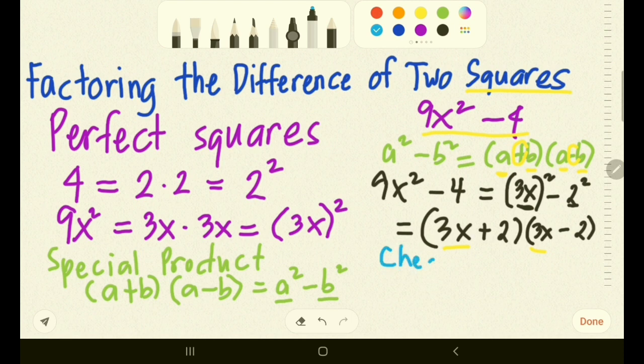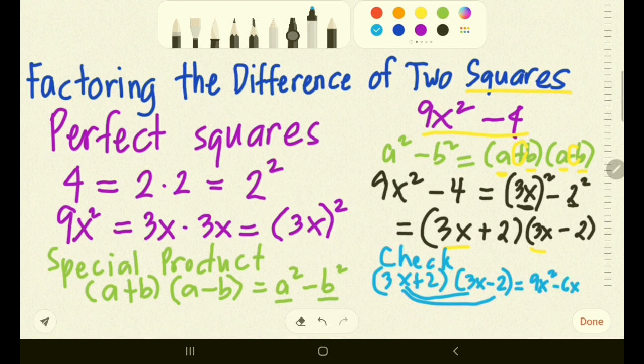When you multiply 3x plus 2 and 3x minus 2, you have 3x times 3x, that is 9x squared. 3x times negative 2, that is negative 6x. 2 times 3x, that's 6x.